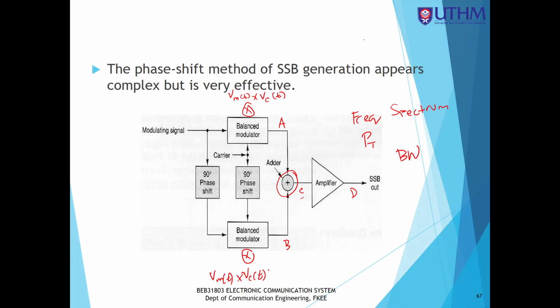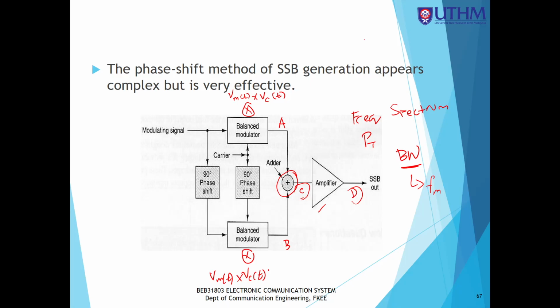So you produce a single sideband without carrier at point C, and then you amplify the amplitude to get point D. From here you can draw the spectrum and also find the total power. The bandwidth is equal to the frequency of the modulating signal, fm, which is half of the double sideband full carrier.